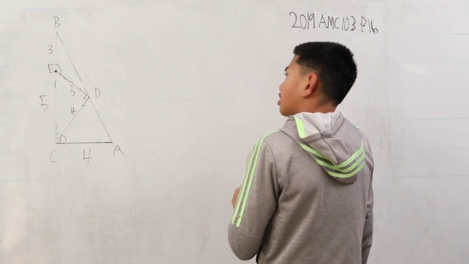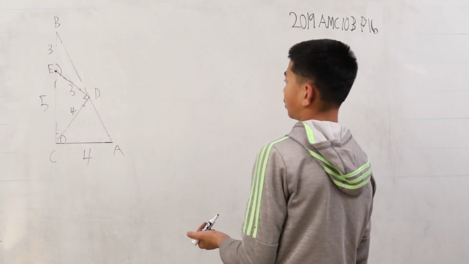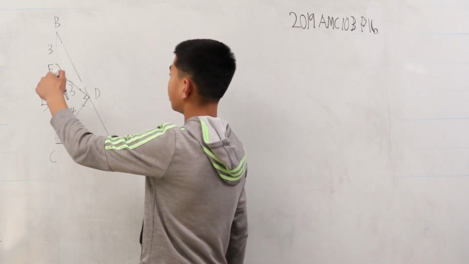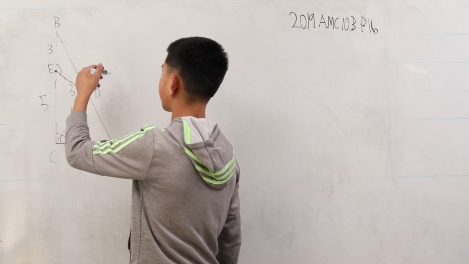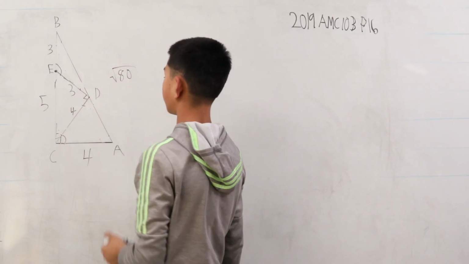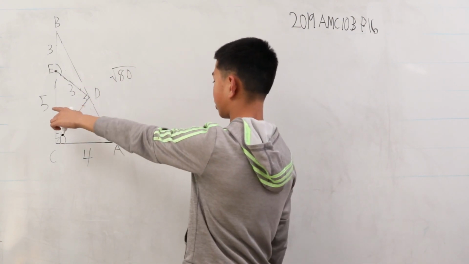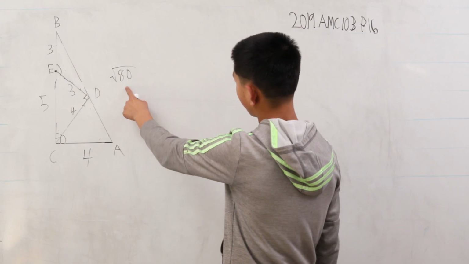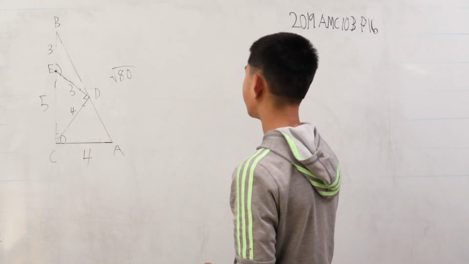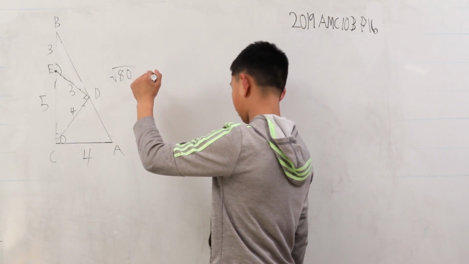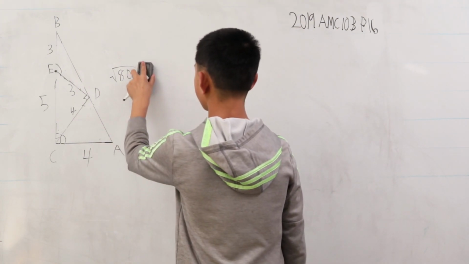Let's just solve for this. This is going to be the square root of 80, because that's 8 and that's 4. The squares of those are 80, and we have to take the square root.